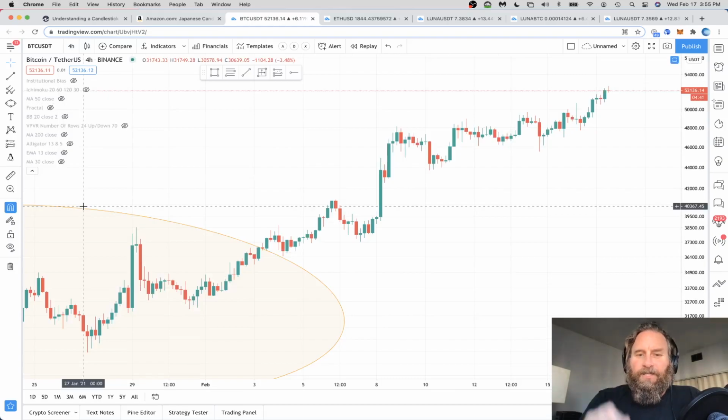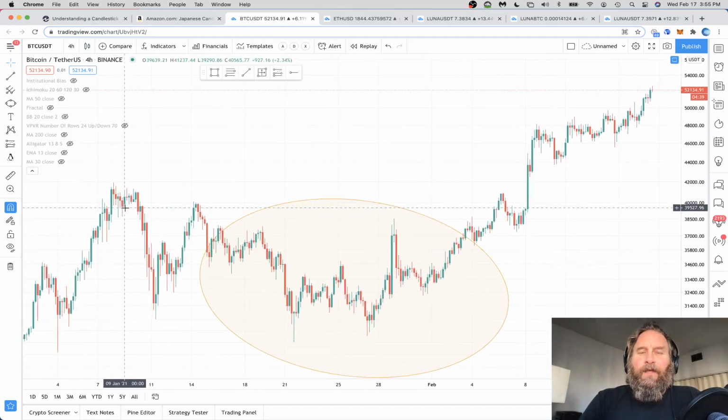And let me just say this real quick. The larger the time frame, such as 4 hours, 6 hours, 12 hours, 1 day, 1 week, the larger the time frame is, the more significant the candle movements are. Whereas if you get down to a minute, they still mean something.